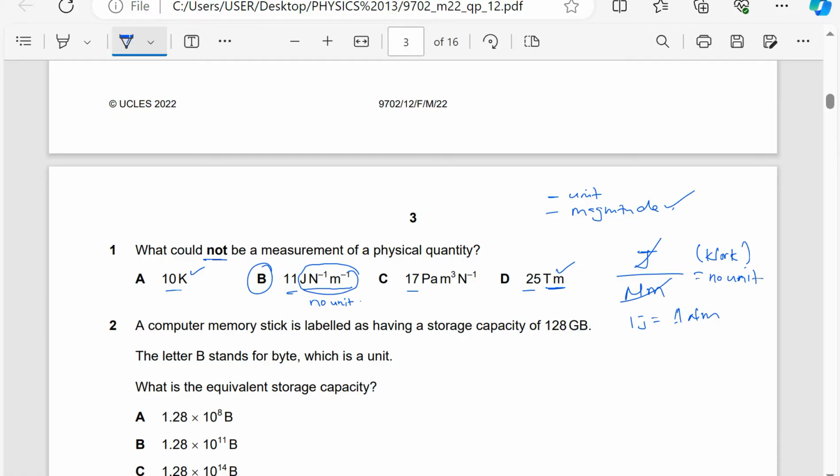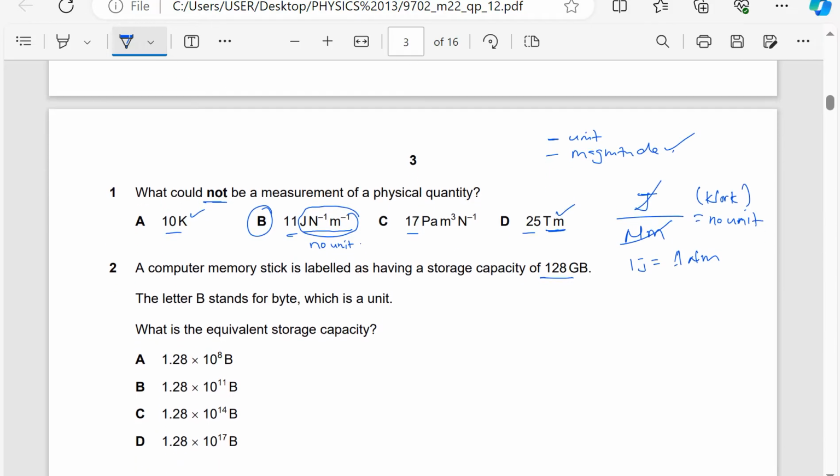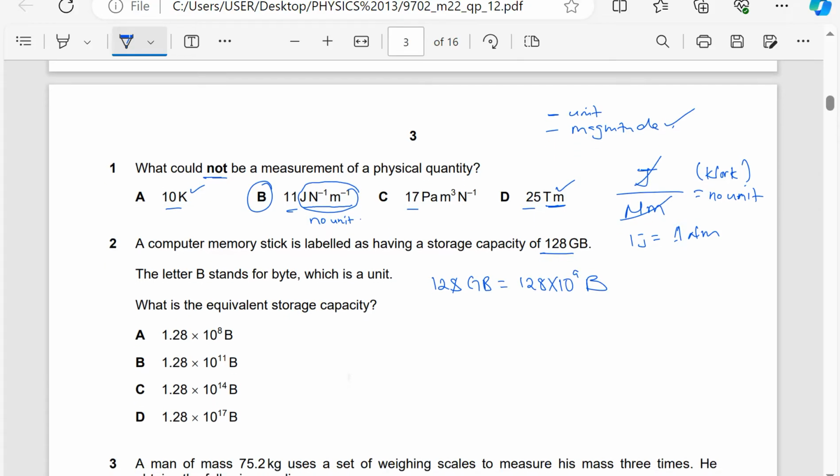A computer memory stick is labeled as having a storage capacity of 128 gigabytes. The letter B stands for byte, which is a unit. What is the equivalent storage capacity? 128 gigabytes is the same as, of course, giga is 10 to the power of 9, so this will be 128 times 10 to the power of 9 bytes.